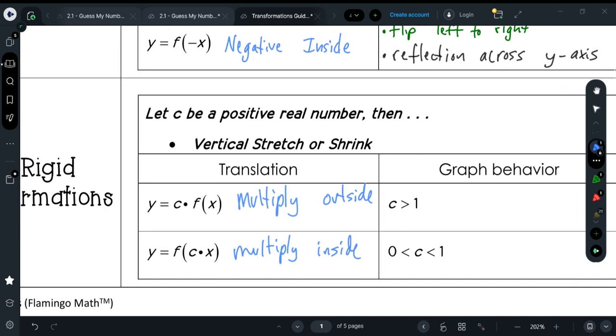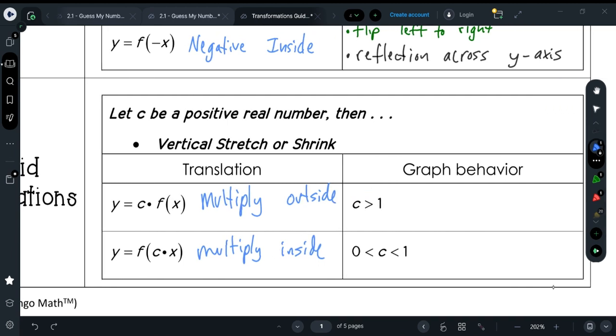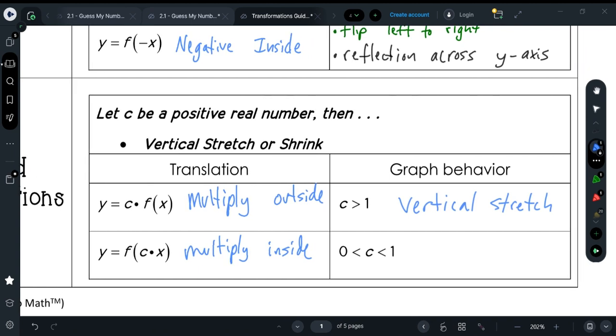Okay, and when we do this and our C value is greater than 1, what happens is we get a vertical stretch. So it means the graph gets stretched from top to bottom and it becomes more skinny looking.